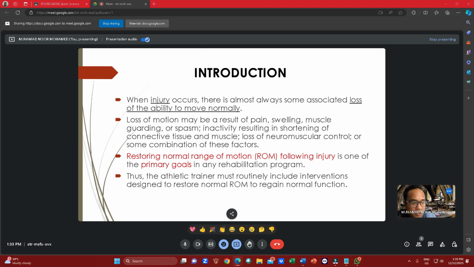Okay, as an introduction, when an athlete meets with any kind of injury, it will always be associated with loss of the ability to move normally.